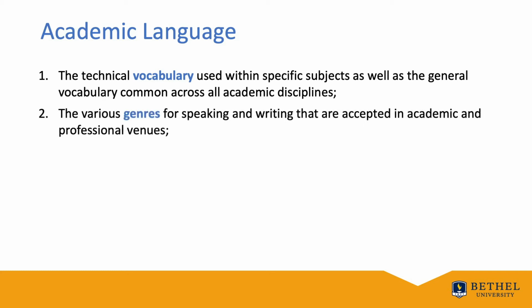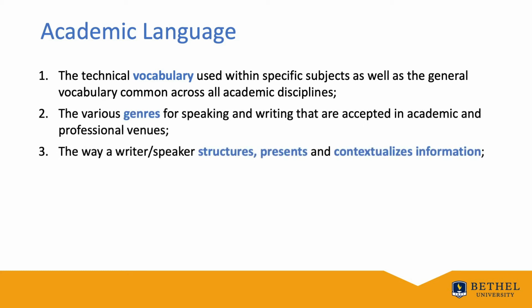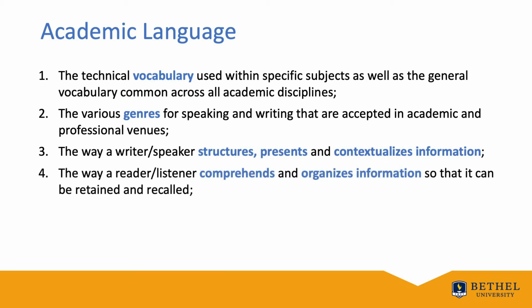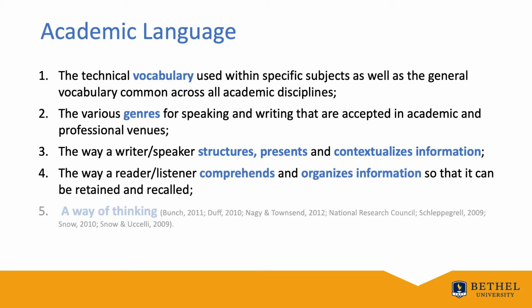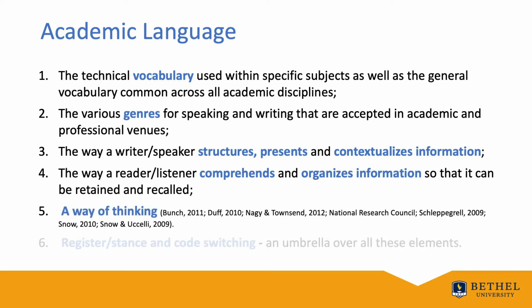Academic language also expresses various genres for speaking and writing, how a writer or speaker will arrange or contextualize information, how we as readers and listeners comprehend that information in order to retain it and recall it, even a way of thinking. It also includes, as we'll take a look, our particular academic registers, as well as our ability to code switch.